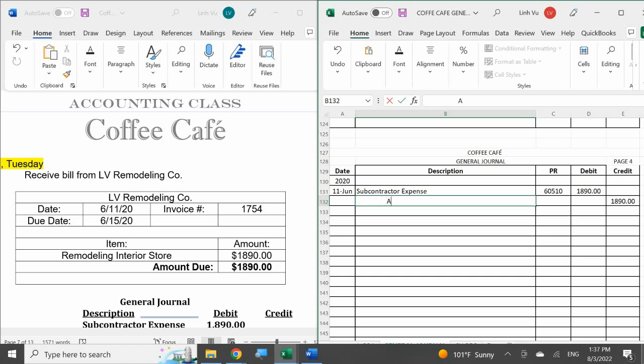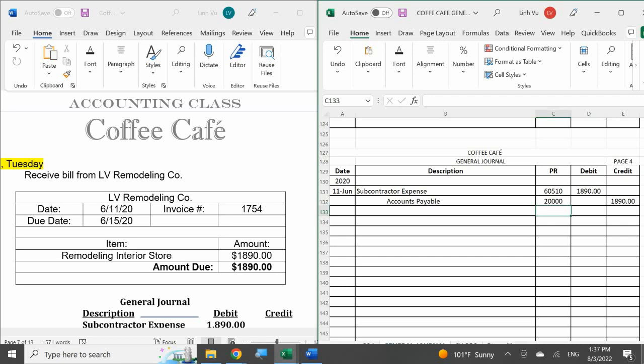So therefore, accounts payable, because we're not paying them now. We received the bill because they completed the job for us. So we are going to acknowledge that we owe them money. We're going to increase our liabilities because we owe them money.